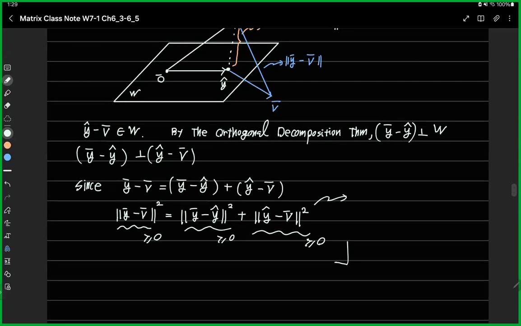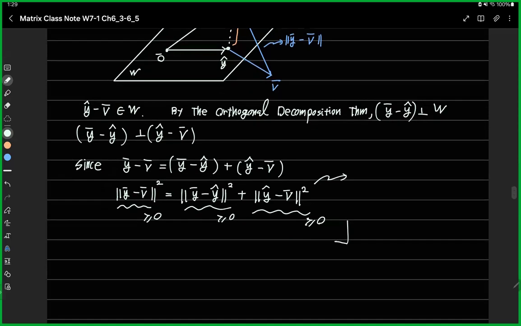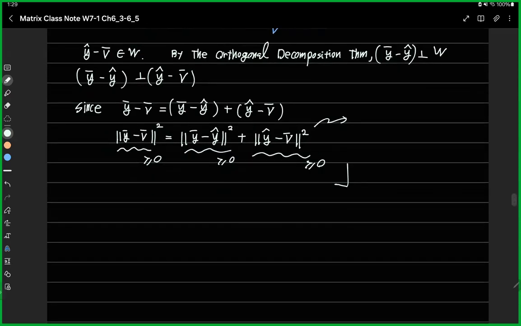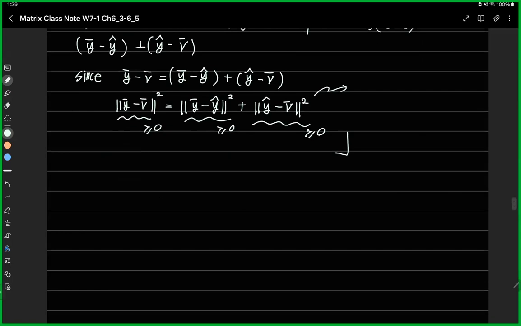So now we move to the Gram-Schmidt process. Let me skip the example; look at it by yourself. The next one is Gram-Schmidt, the main theorem in today's class.